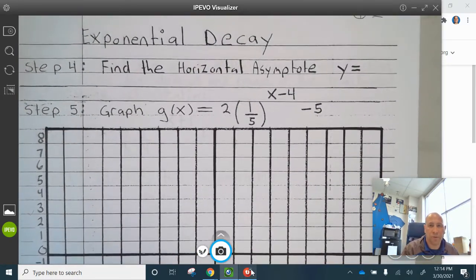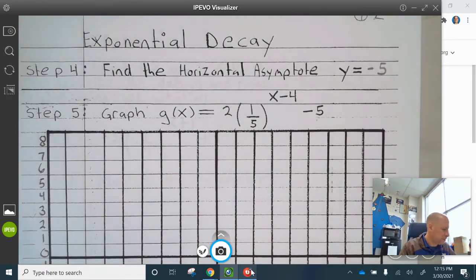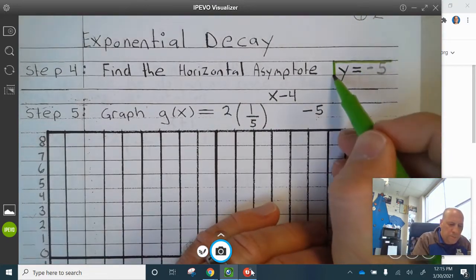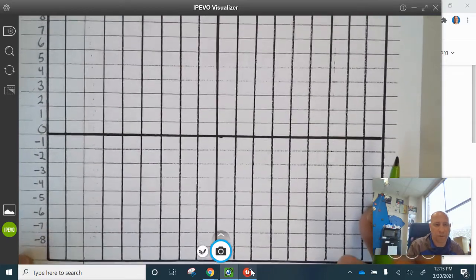Find the horizontal asymptote. It's real simple. It's that number right there, negative 5. So we're going to put a horizontal asymptote at y equals negative 5.